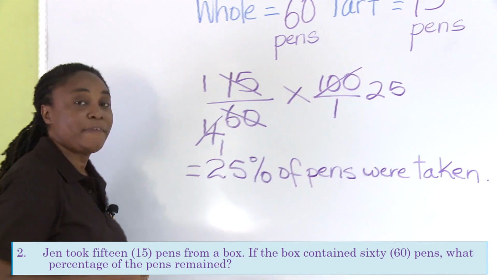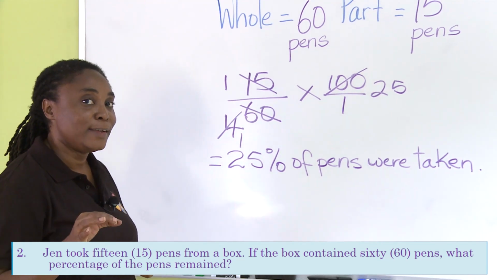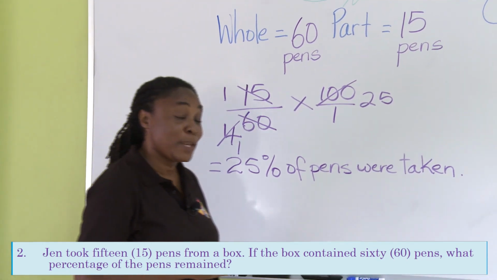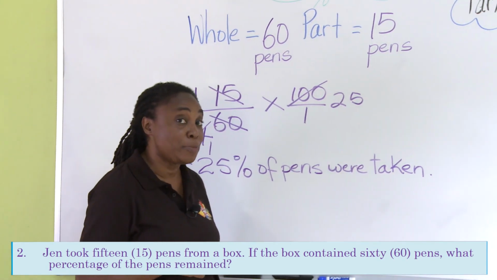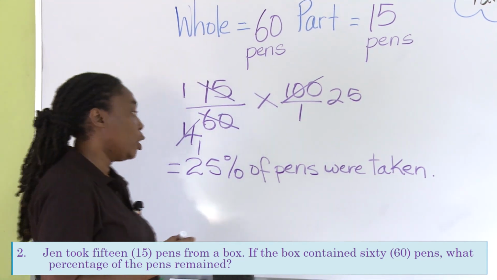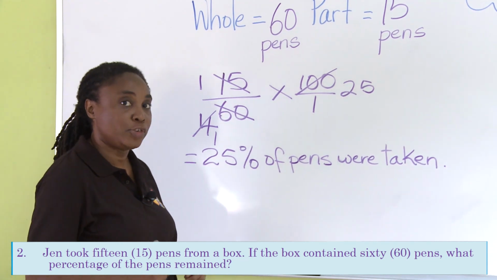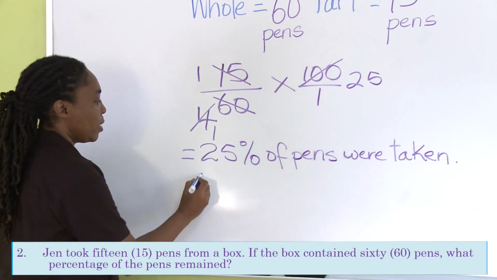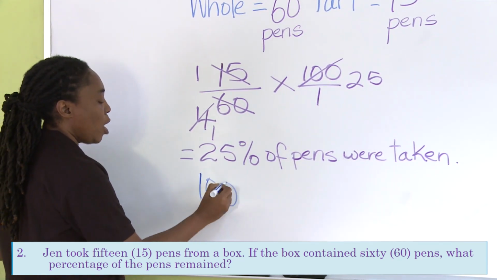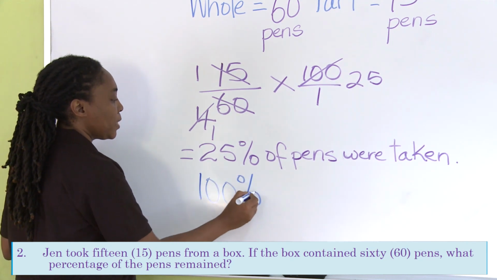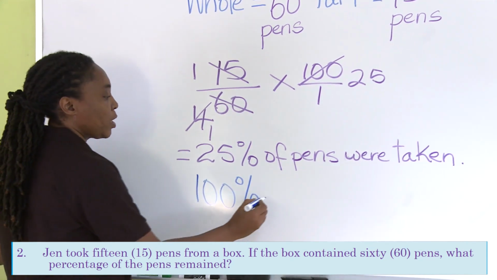So if we know that 25% of the pens were taken, how would we find what percentage remain? A whole will represent what? A whole will represent 100%. So initially we had 100%. That's what we started off with.